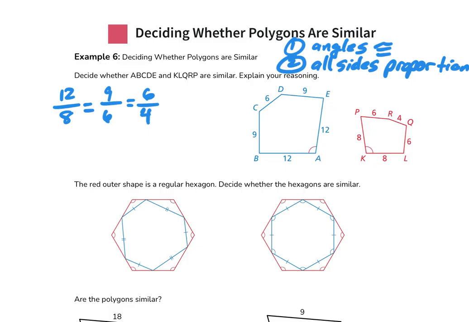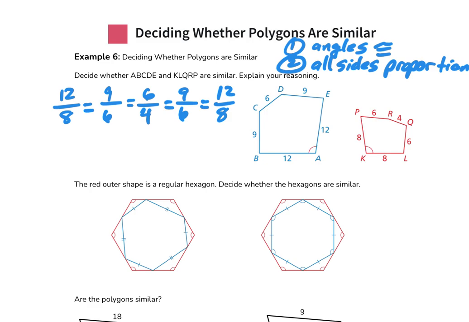Then we would do DE, which is 9. It's going to match up with RP. And we got 5 sides here, so the last one would be AE, which is 12, and it's going to match up with KP, which is 8.